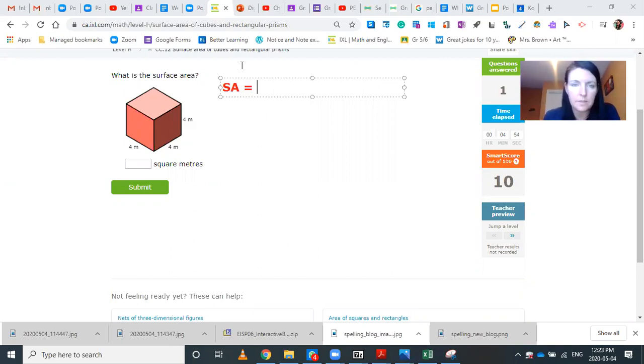I'm going to draw it first. I've got 1, 2, and 3. So I've got 2 of each of those. 2 of 4 times by 4. Remember, length times by width.